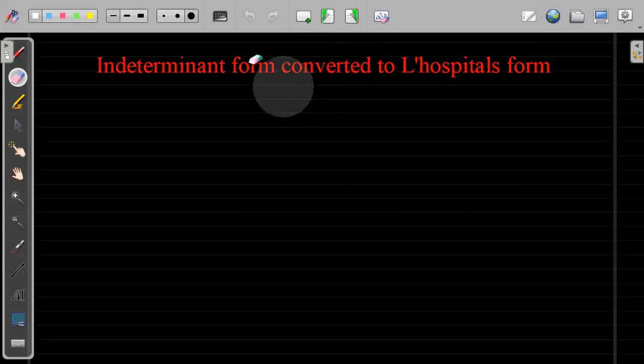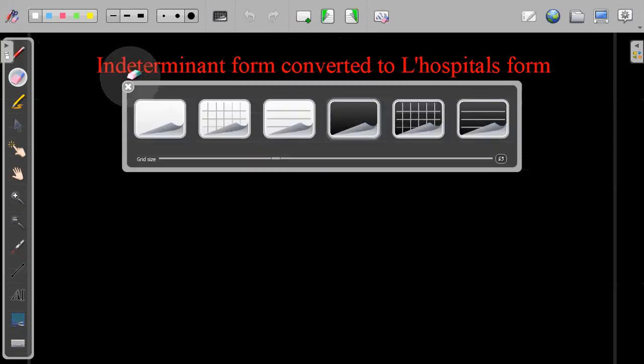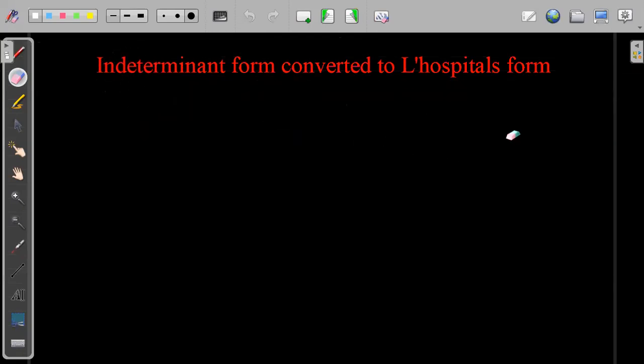Okay, so today the last form of the limits is the indeterminate form of the limits, where we can convert it into L'Hopital's form, and then we can solve it using L'Hopital's rule, right? So previously we have seen that L'Hopital's rule will be used when we have the limit, suppose, of x tending to a, f of x upon g of x.